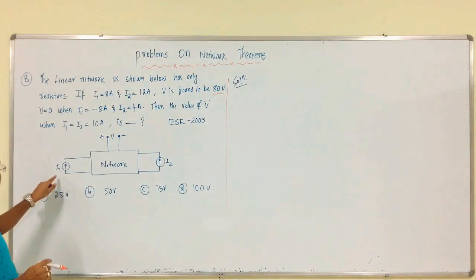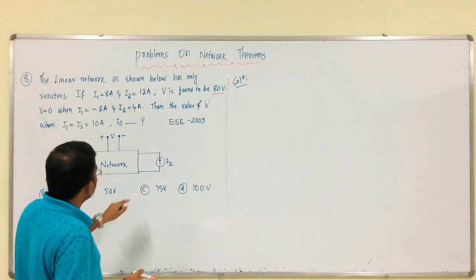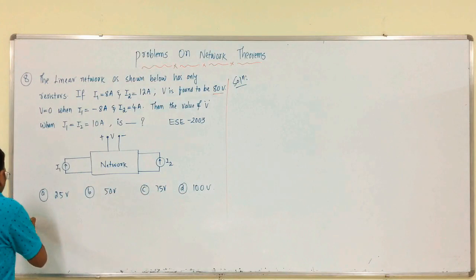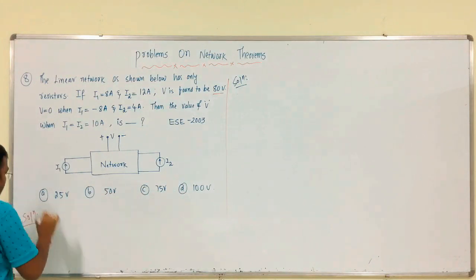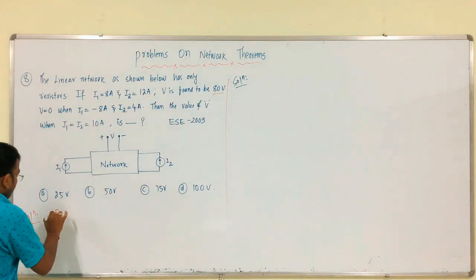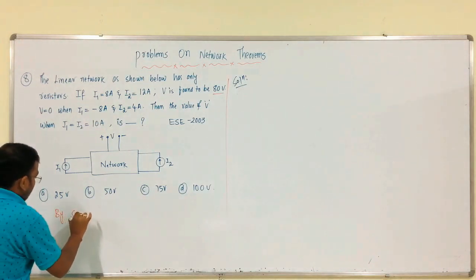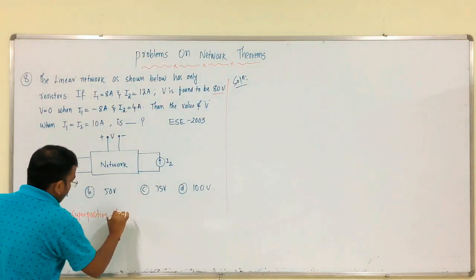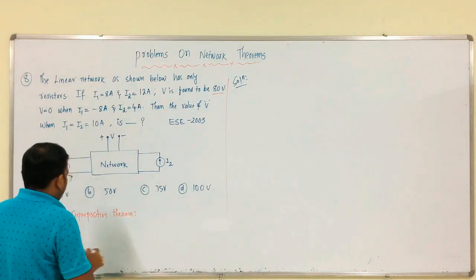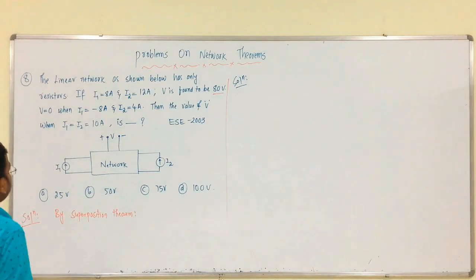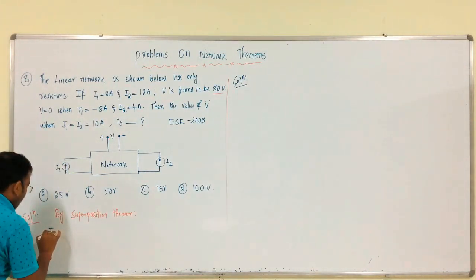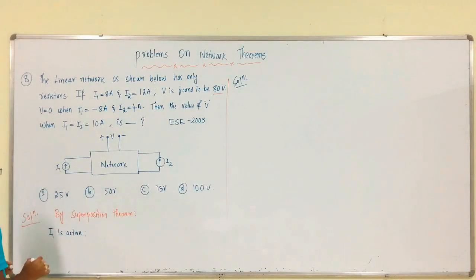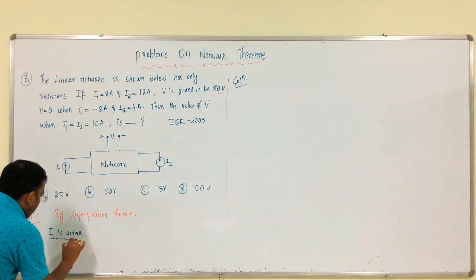Here we have 2 current sources. With respect to these 2 current sources, we have a voltage value. So to get the answer, we can use the superposition theorem. By superposition theorem, coming to this case, first case is I1 is active.